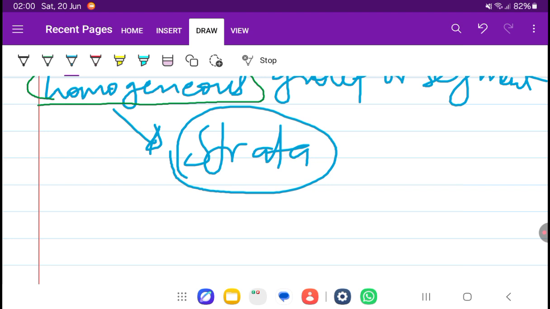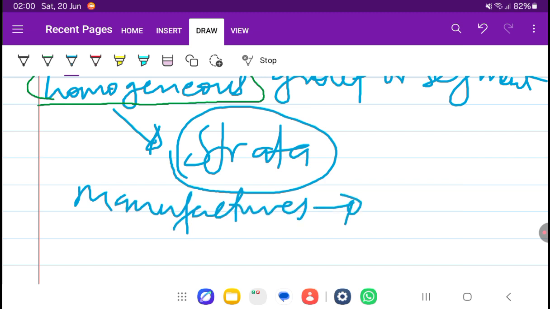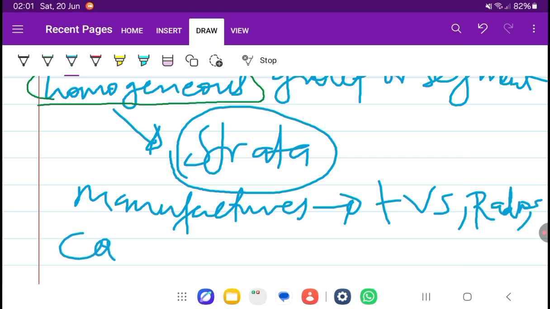Just like, for example, if they are talking about manufacturers, they can take manufacturers of television sets, TVs, maybe those who are manufacturing radios, maybe those who are making cameras. This one, they put them into one group because they almost look similar.